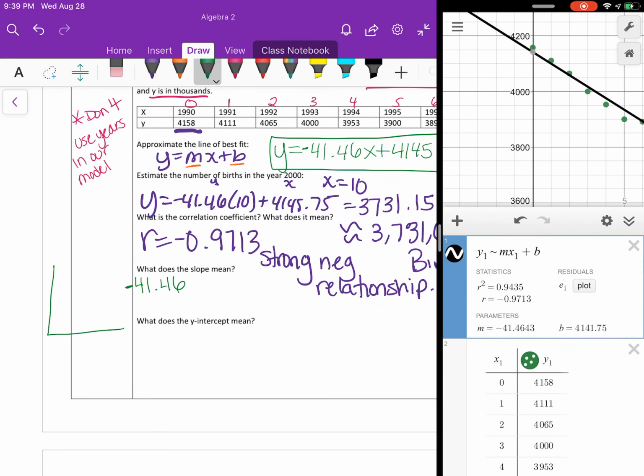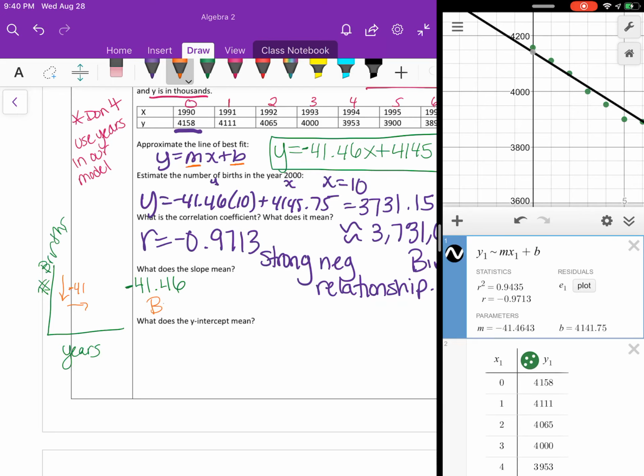So the rise here is your number of births, that's your y-axis, and your x was in years. So this was going down negative 41,000, or we could even say negative 42,000, 41,000 and a half births per 1 year. So rise over run.